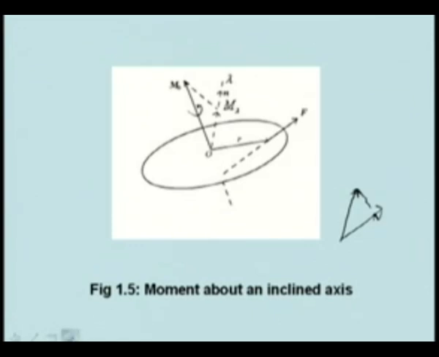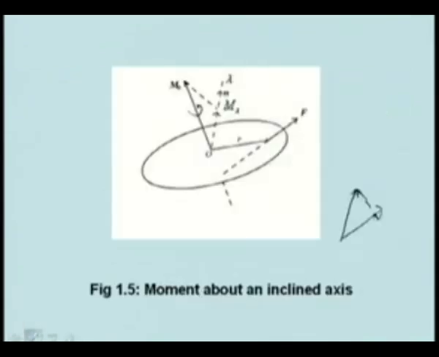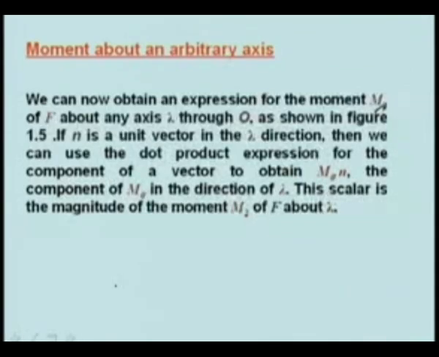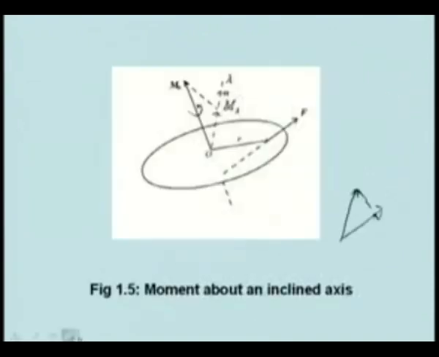Now, if n is a unit vector, to obtain the component of m0 in the direction of lambda, this scalar is the magnitude of the moment of F about lambda.